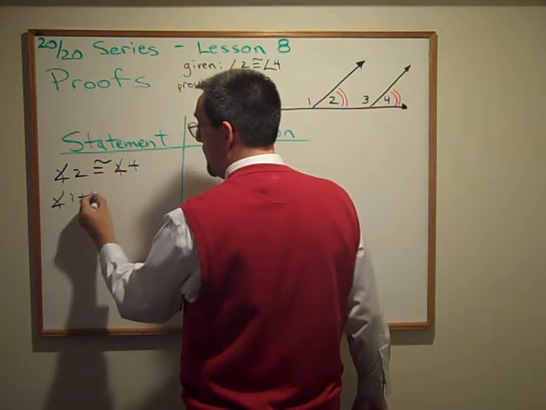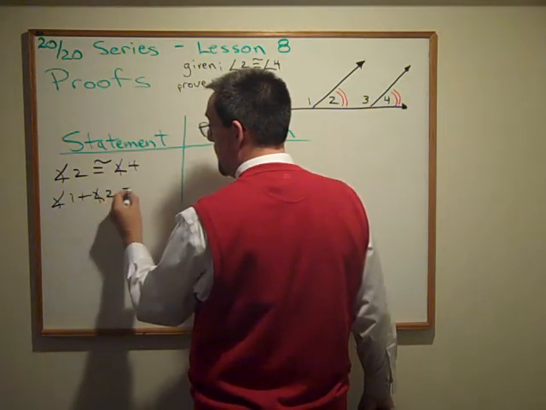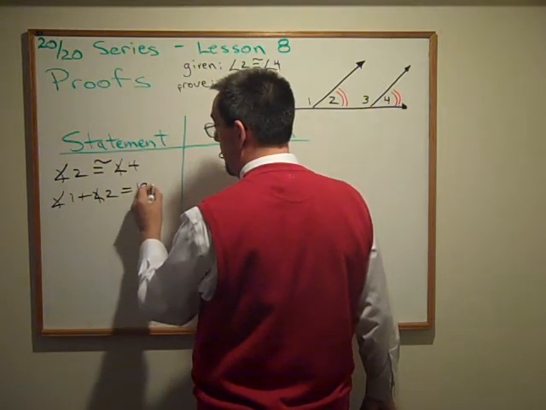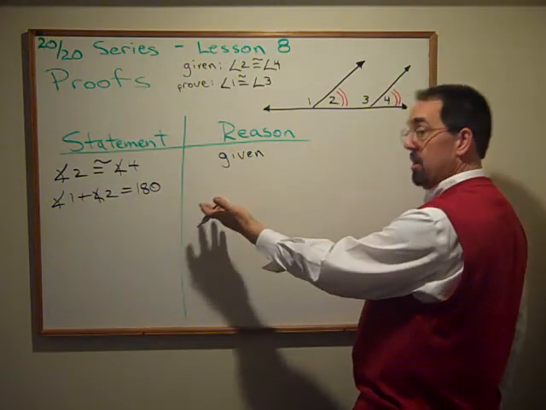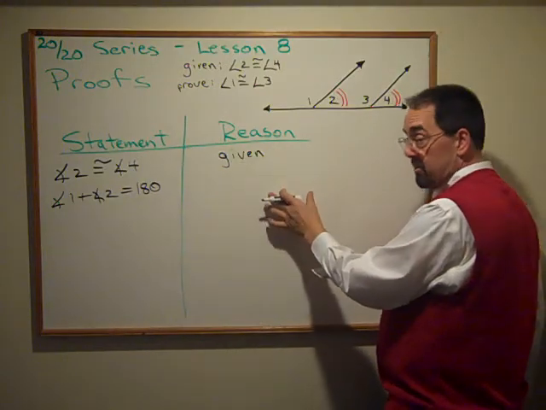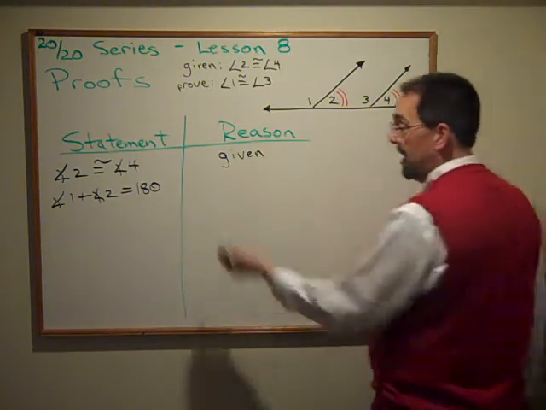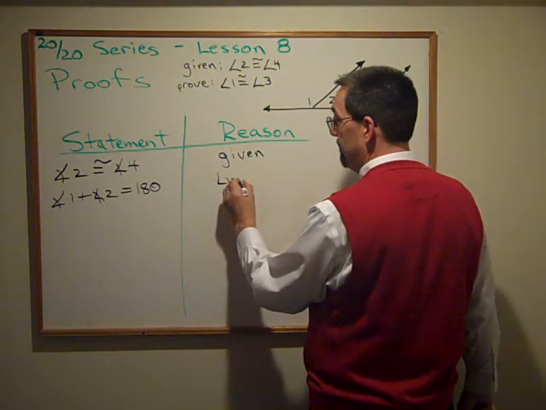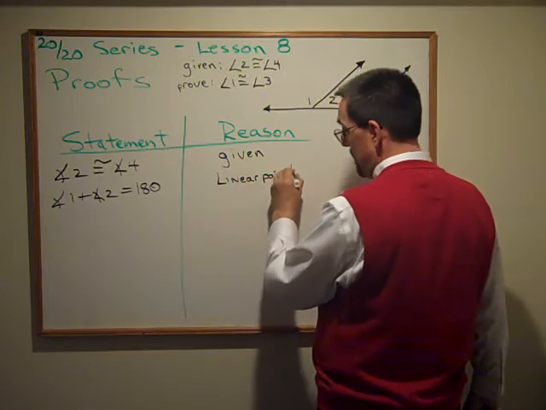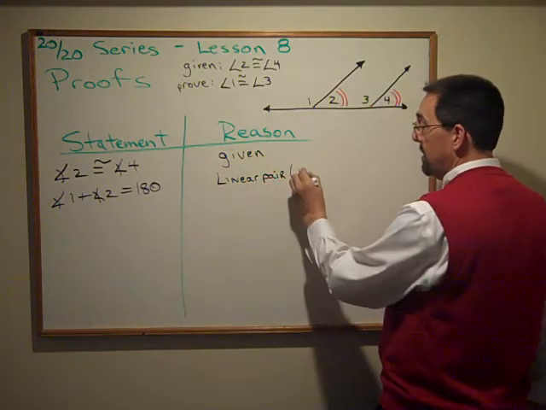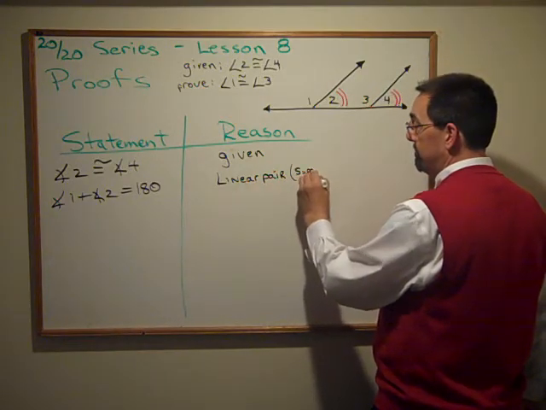Angle 1 plus angle 2 equals 180. We can say that because this is a linear pair, definition of supplemental angles, adds up to 180. I'm just going to write down linear pair. You could write they are supplemental.